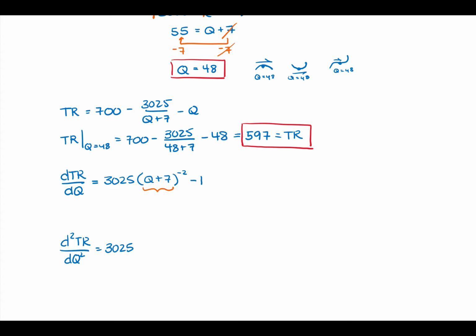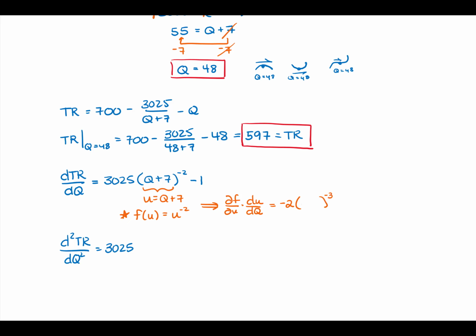Again, using the chain rule, u is equal to q plus 7. Therefore, f of u will be equal to u to the power of negative 2. For the chain rule, I need df by du times du by dq. Df by du is going to be negative 2 times u to the power of negative 3.